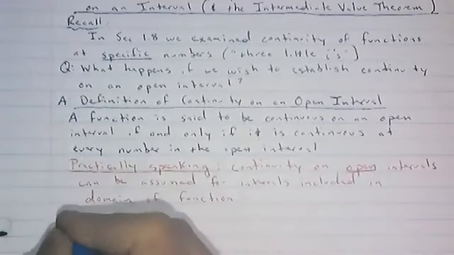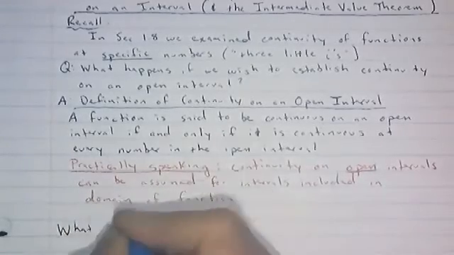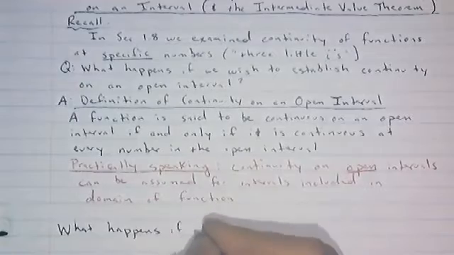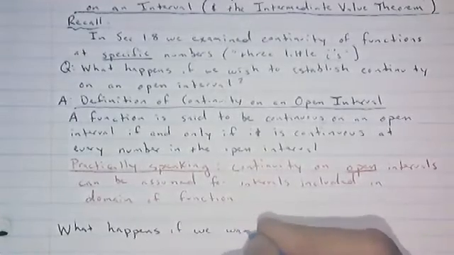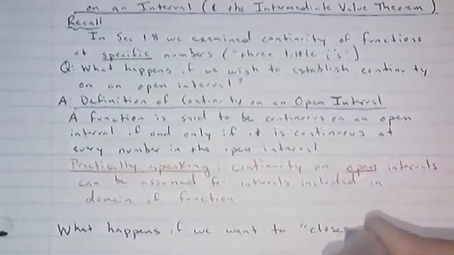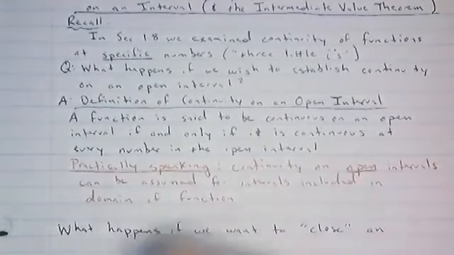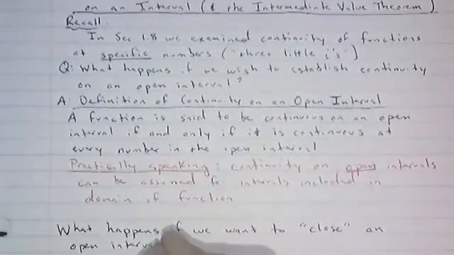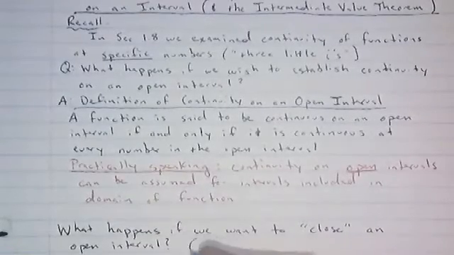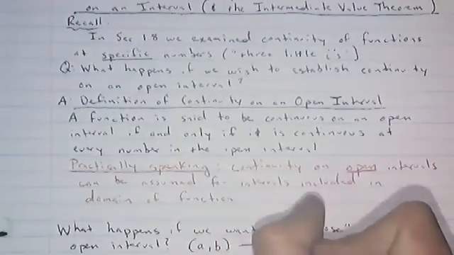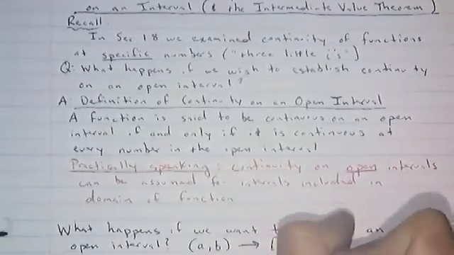So what happens if we want to close an open interval? To go from continuity on the open interval from A to B to the closed interval from A to B.